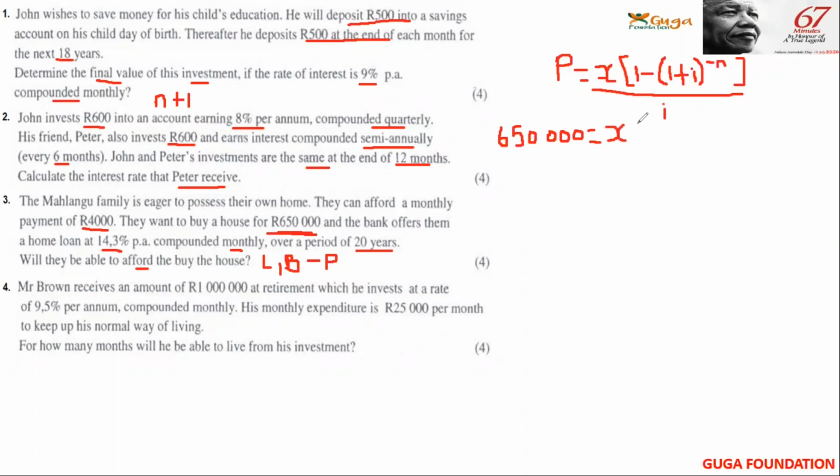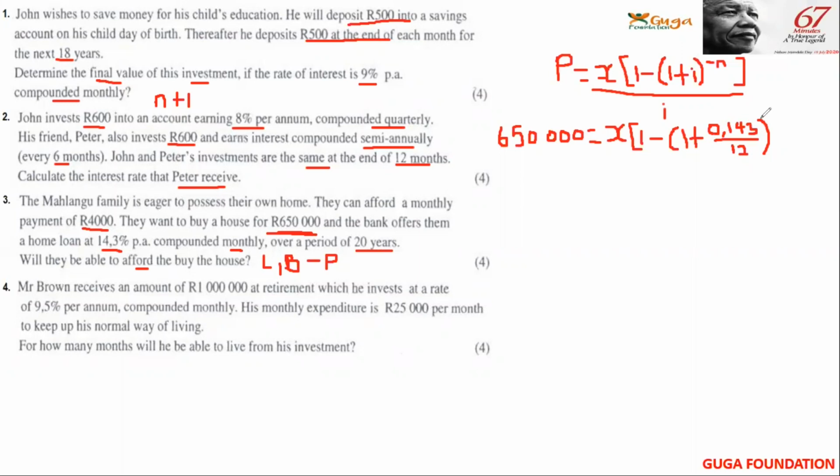into 1 minus the interest rate is 14.3%, so that's 0.143 over 12 because it is compounded monthly.